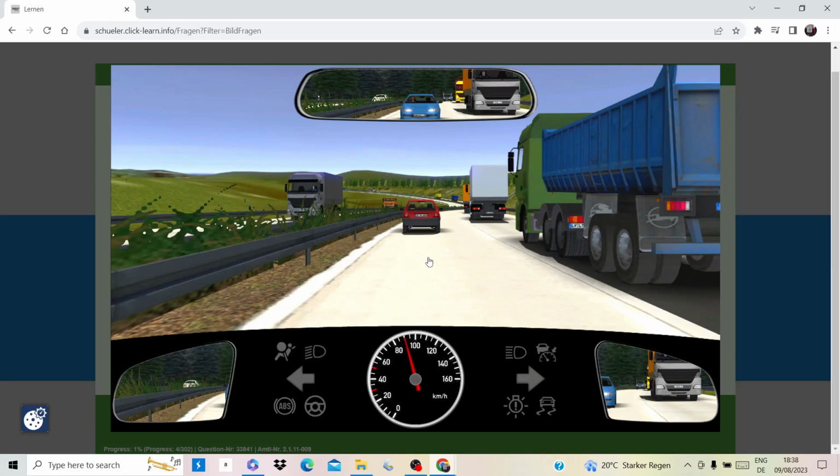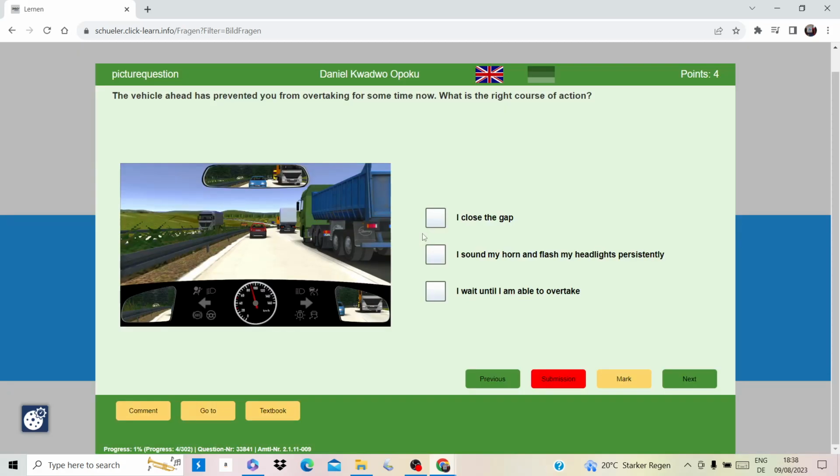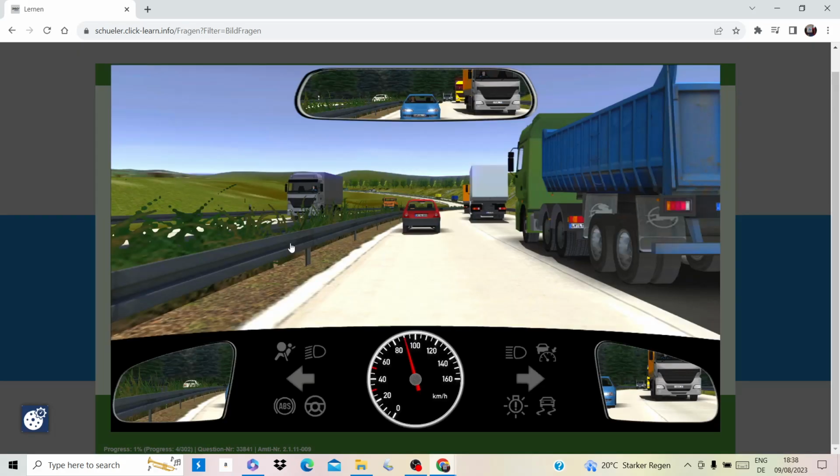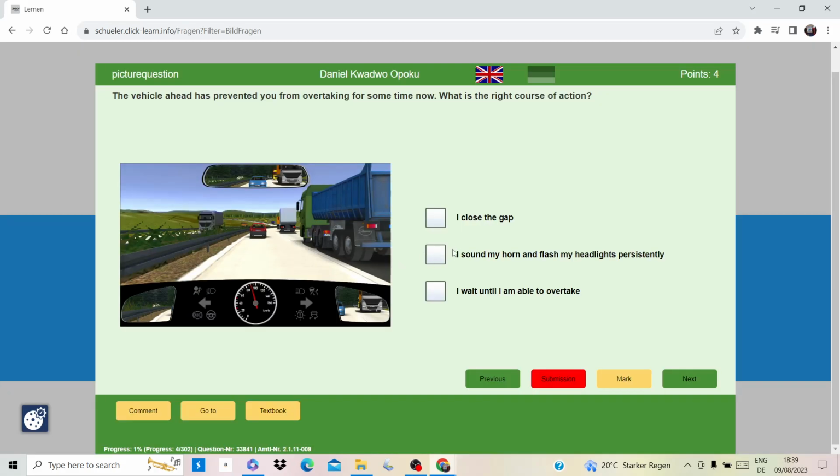So what do I do? I sound my horn and then flash my headlights persistently. Is this correct? It is not correct. You don't do that. If you do that, it doesn't make you a good driver. You don't have to abuse your horn.